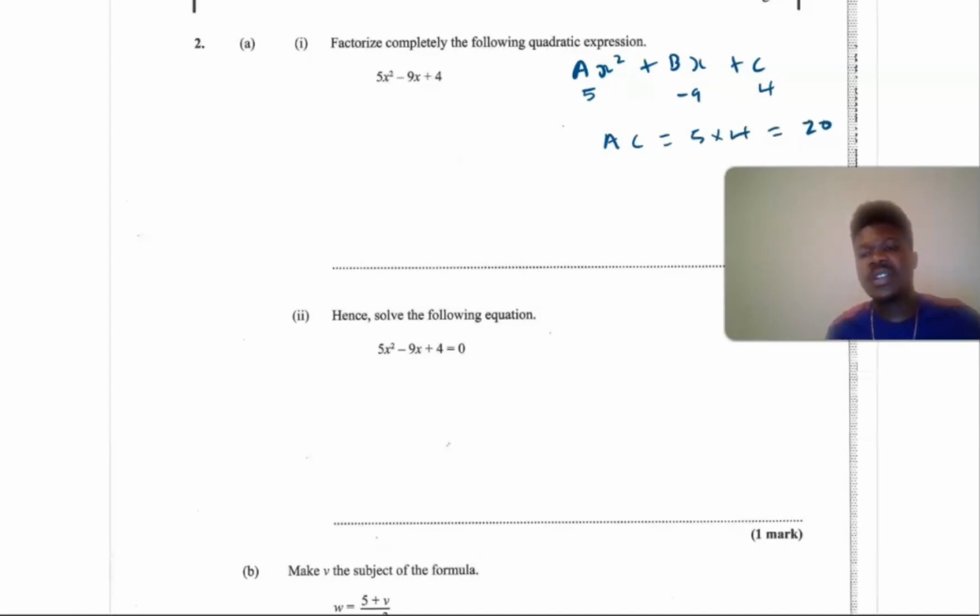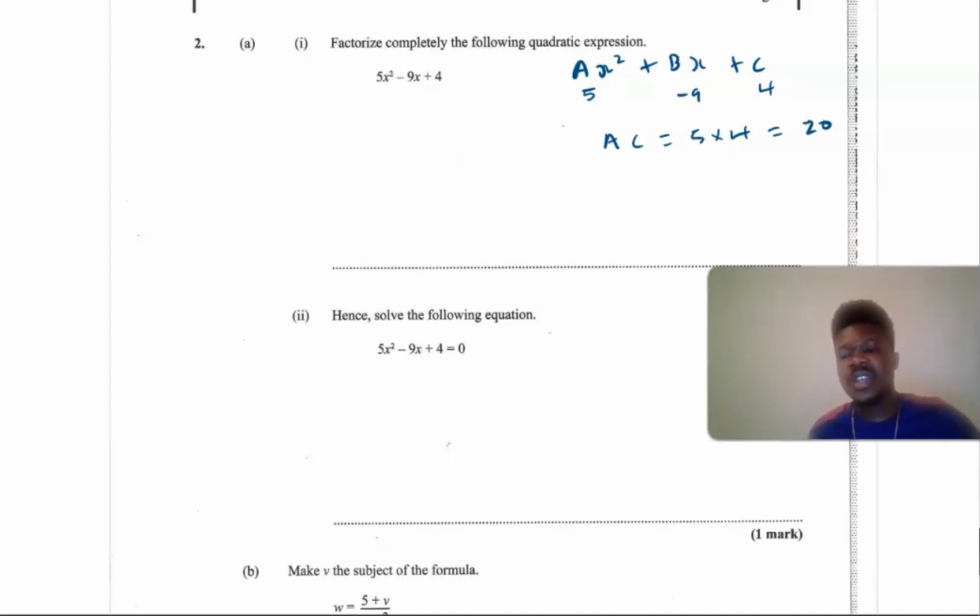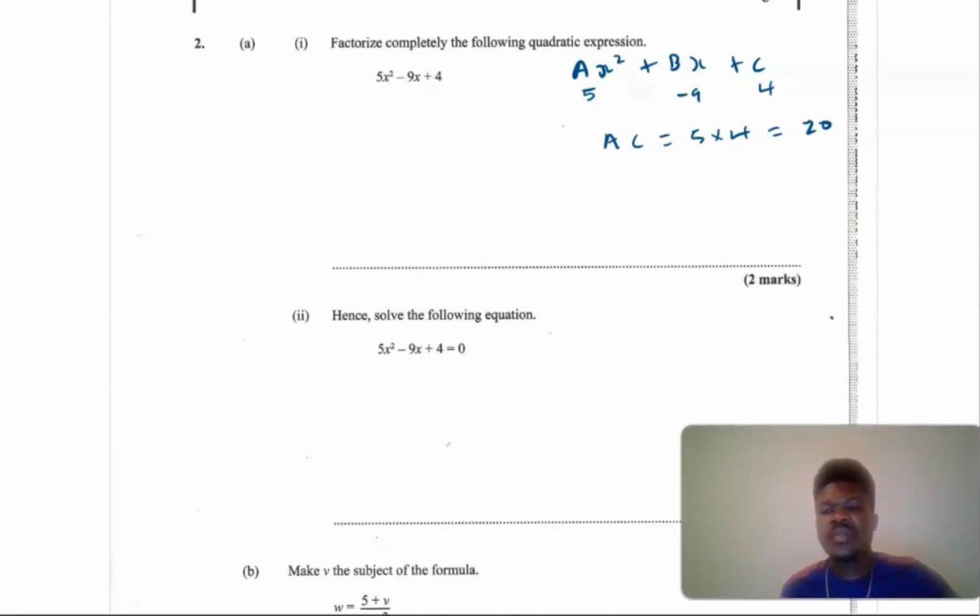So we need pairs of factors of 20 that, when we add them, we get -9. So 5 times 4 is right. When we add 5 and 4, we get +9, but we need -9. So let's think of other factors. We can use 2 times 10. That's not going to give us -9.